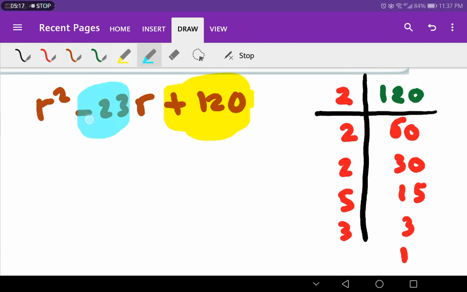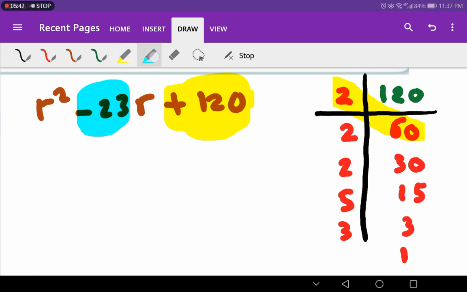Now the problem is here, the negative 23. I have to find the difference of the two factors, which must equal 23. If you check here 60 and the 2, it is not working. 60 plus 2 equal 62, 60 minus 2 equal 58, so it doesn't work.